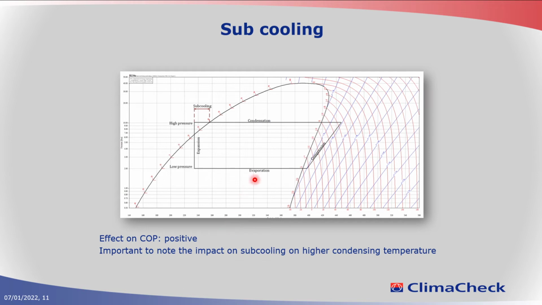The bigger temperature or pressure lift, the bigger pressure difference will cause the COP to go down, and that will cause a negative impact on the performance. So subcool is positive until you start increasing the condensing. Then it's not positive anymore. We'll come back to this in another part of this training.